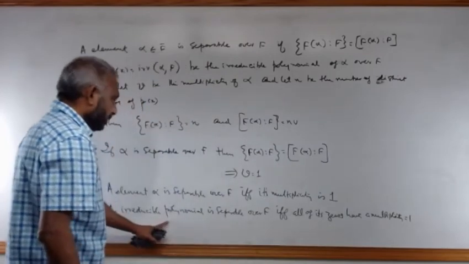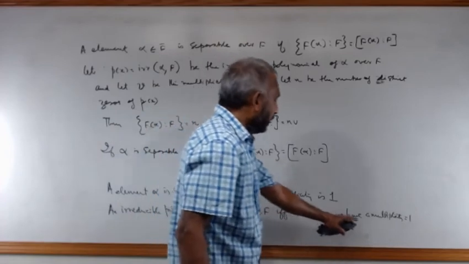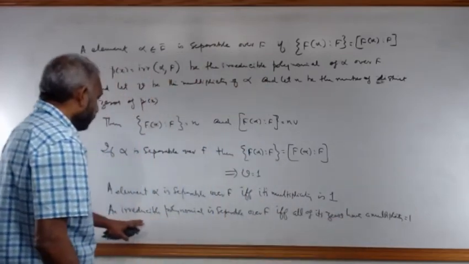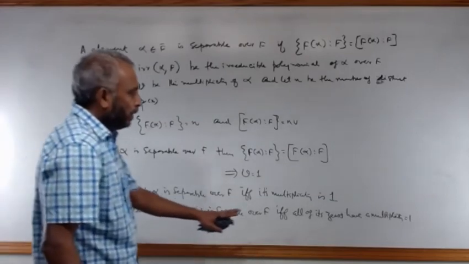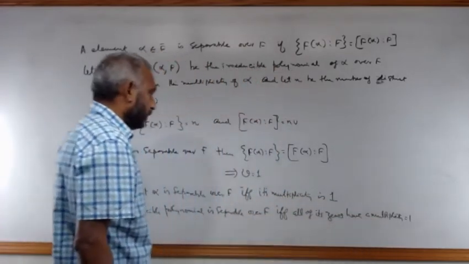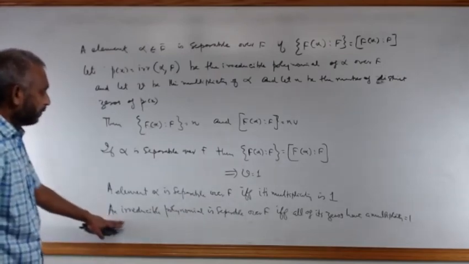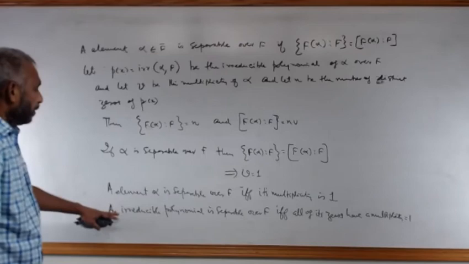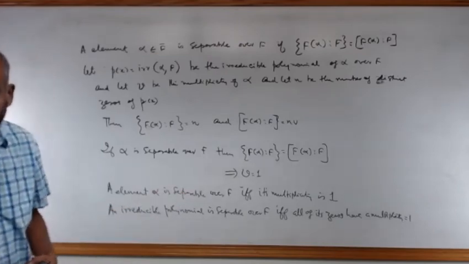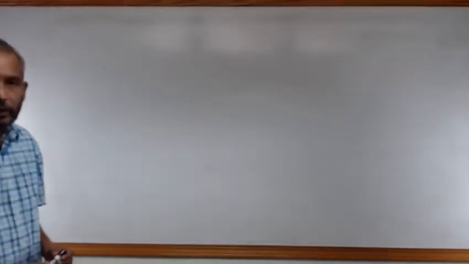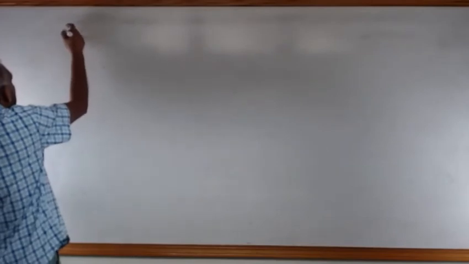If one of them is of multiplicity 1, then every other zero also will have the multiplicity 1 because they are conjugates. So this is the necessary and sufficient condition for an element and an irreducible polynomial to be separable. We'll do another result, theorem.